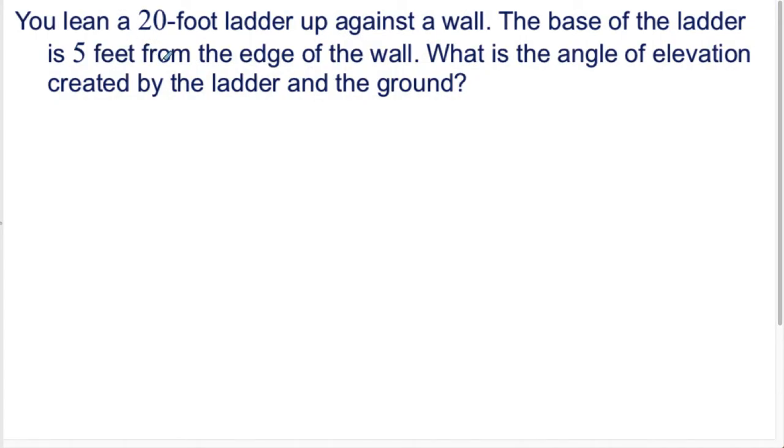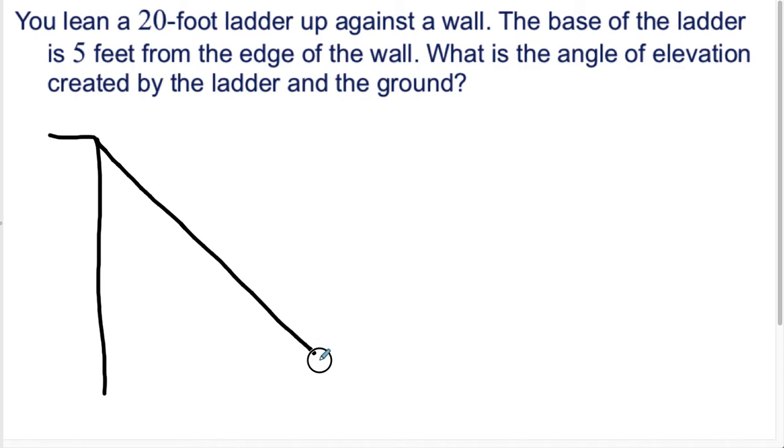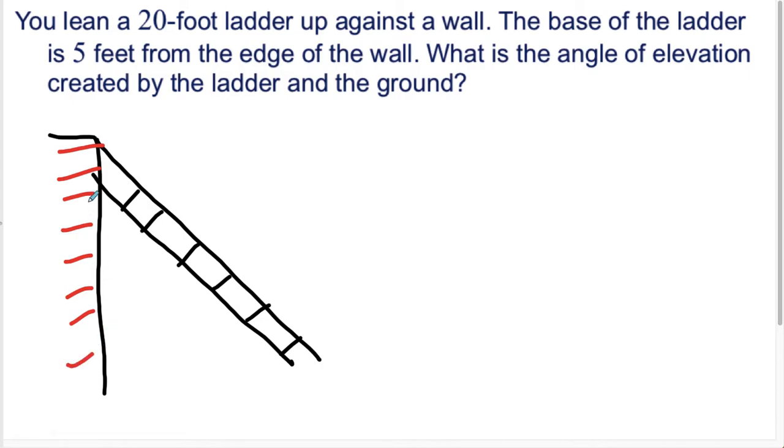Here's the next one without a picture. It says you lean a 20-foot ladder up against a wall. So you have to draw it. So here's the wall, and here's the ladder. It's not perfect, but here's a ladder. Let's make this a brick wall. And then it is 5 feet away from the edge of the wall.